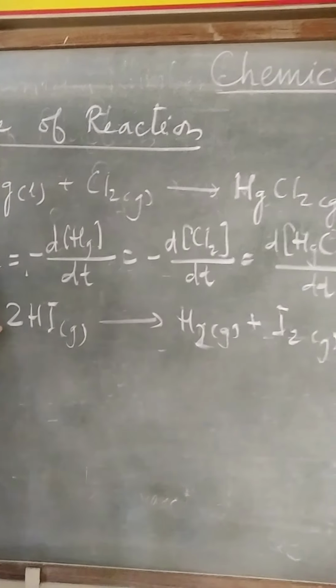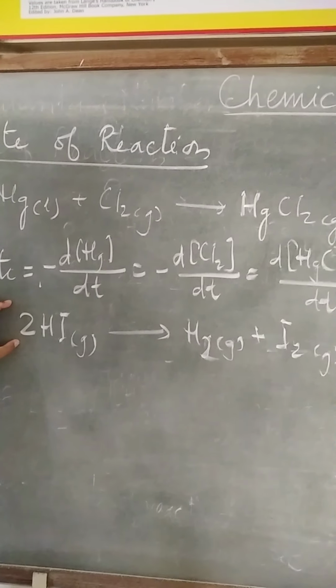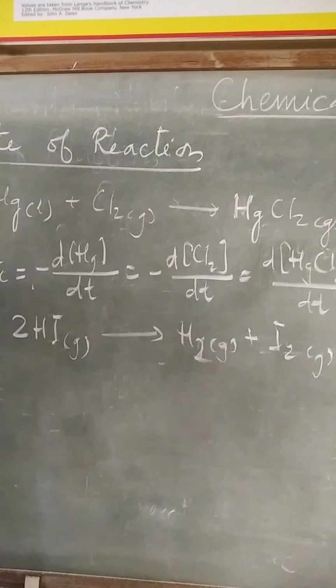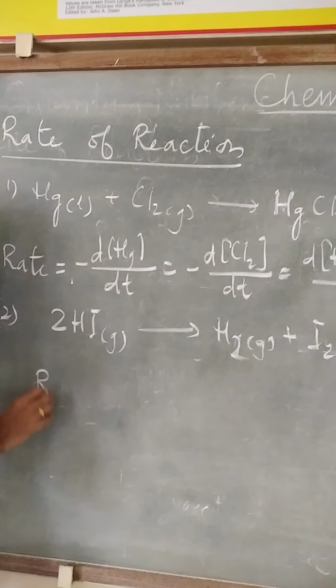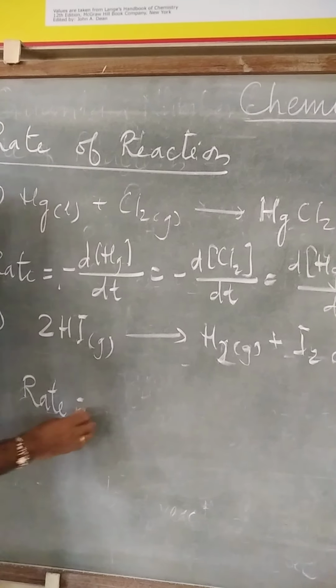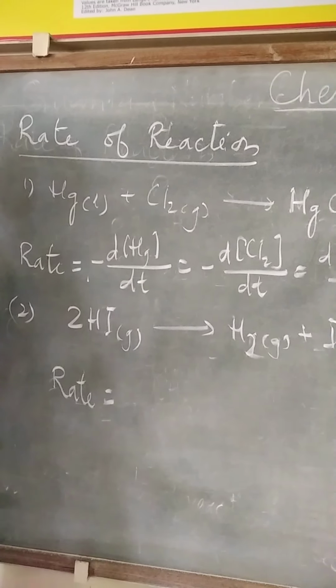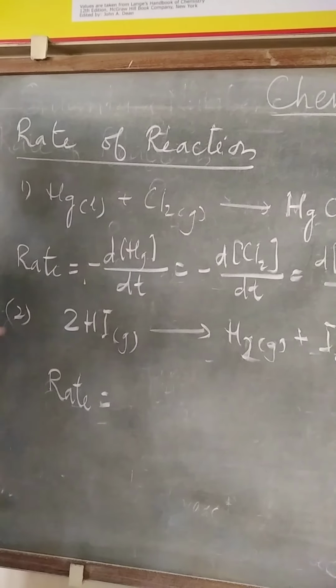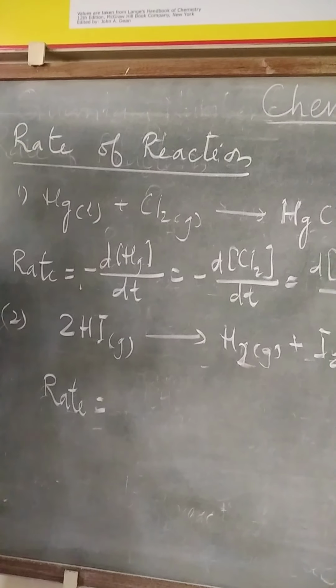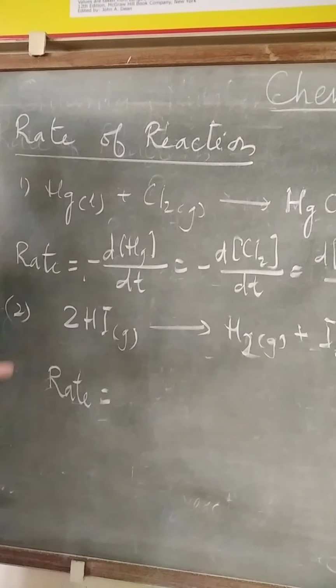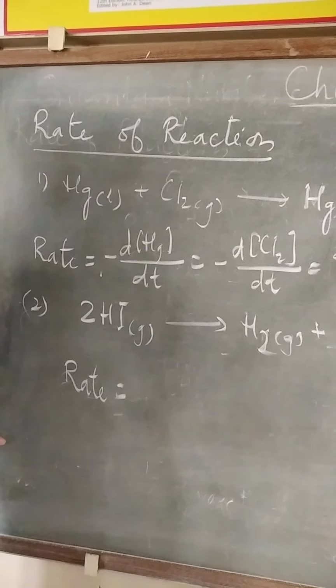Here the stoichiometric coefficient of the reactant is 2, while that of the product is 1. For such a reaction, we write the rate of disappearance of the reactant divided by its stoichiometric value, equal to the rate of formation of the product divided by its stoichiometric value.